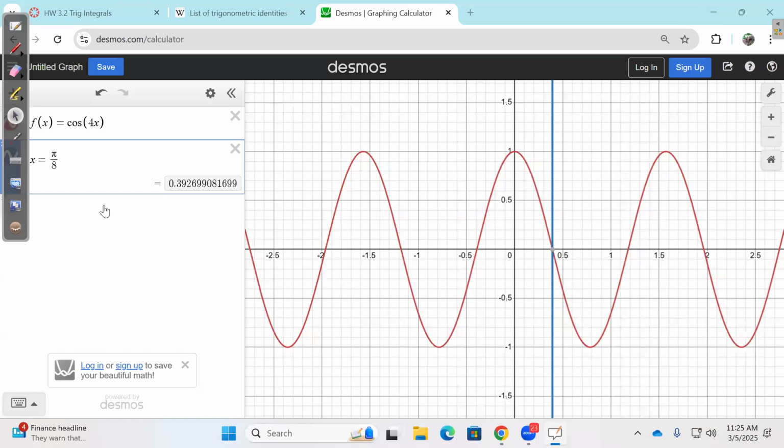All right, so we're revolving this, right? It's not an area, it's a volume. And my numerical integral is the integral from 0 to pi of pi times the cosine squared of 4x dx.